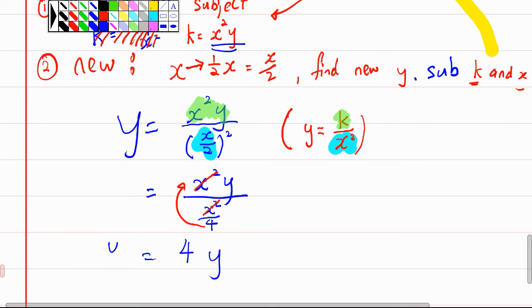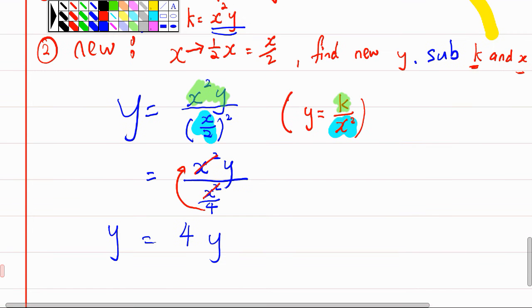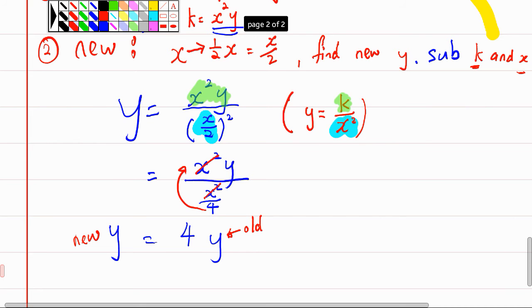This is y. To make things less confusing, y equals 4y. This y on the left hand side is new or old? New. This is the new, this is the old, everything here is old. So actually I'm trying to tell you that the new y is 4 times the old y.